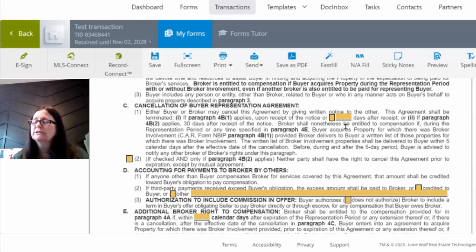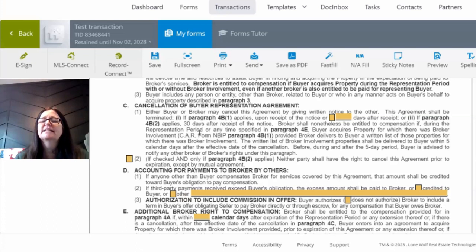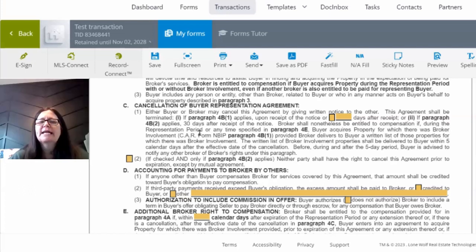But if it's an exclusive agreement, then it automatically cancels 30 days after receipt of the notice, even if you don't check that box. So non-exclusive is immediately or whatever number of days we decide, and exclusive is 30 days after receipt of the notice.